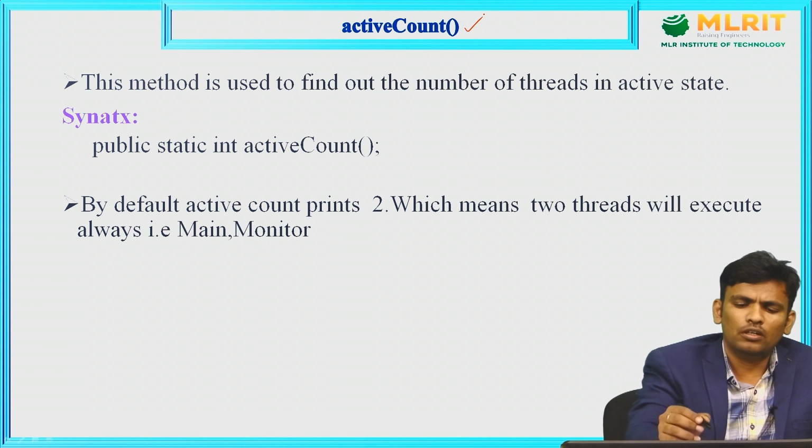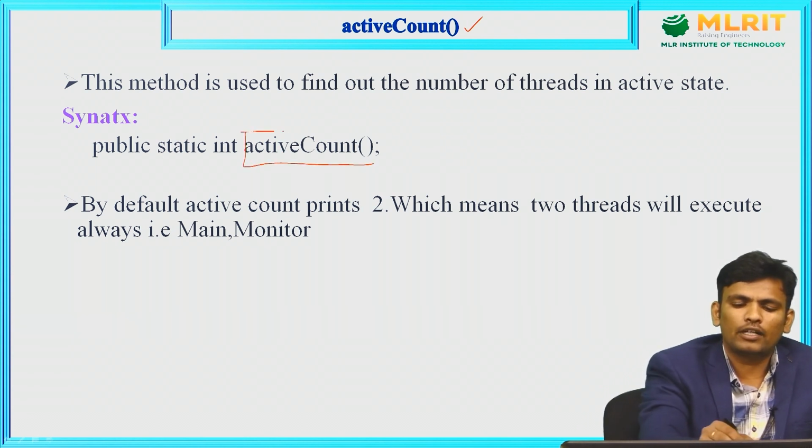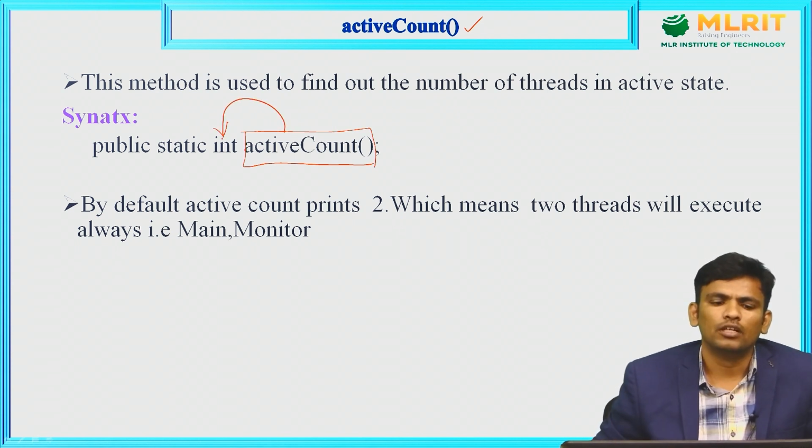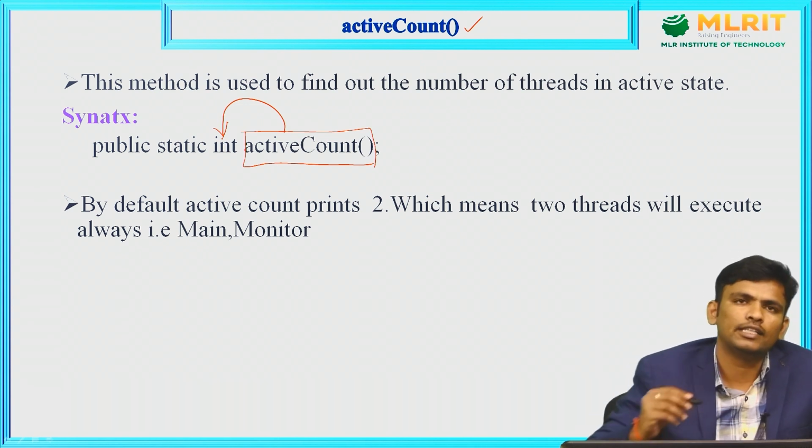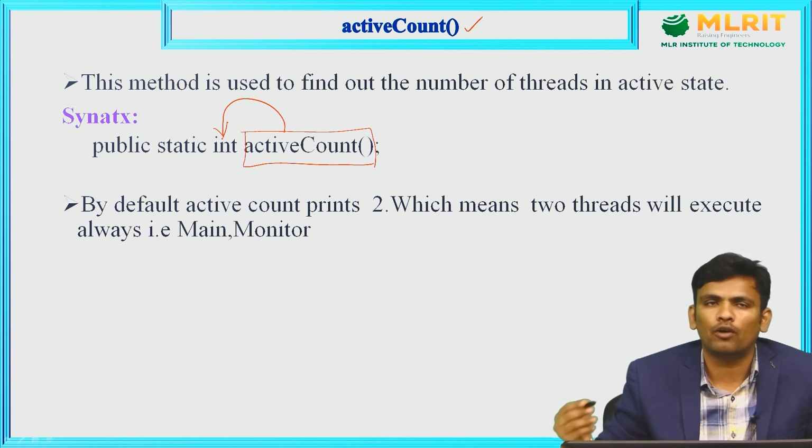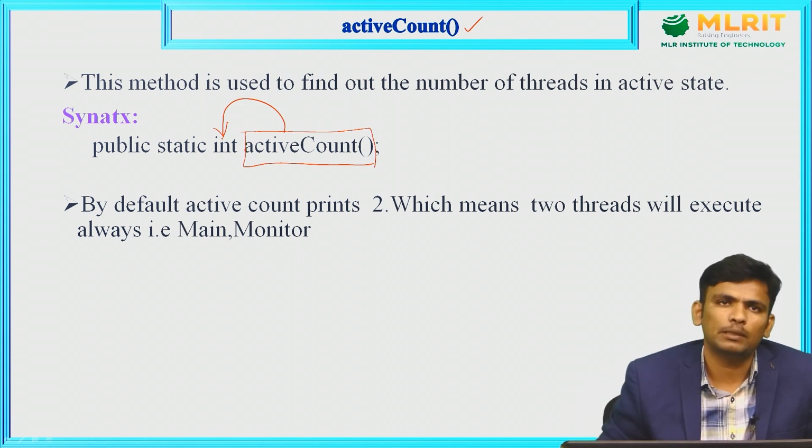To work with the activeCount method, we need to use activeCount, and it will return an integer value. So activeCount is a predefined method, and it returns an integer value because it returns the count of active threads which are currently running on the CPU.